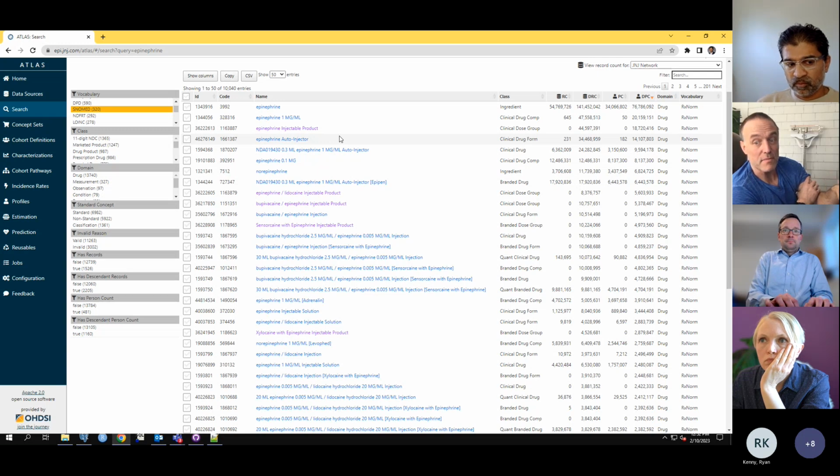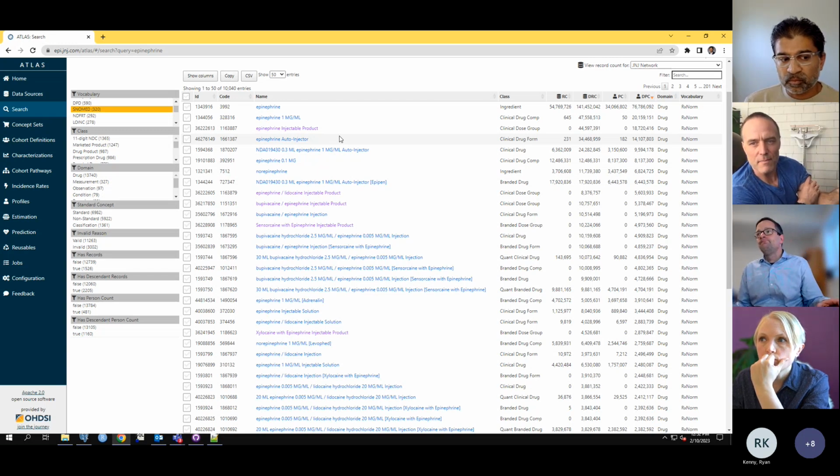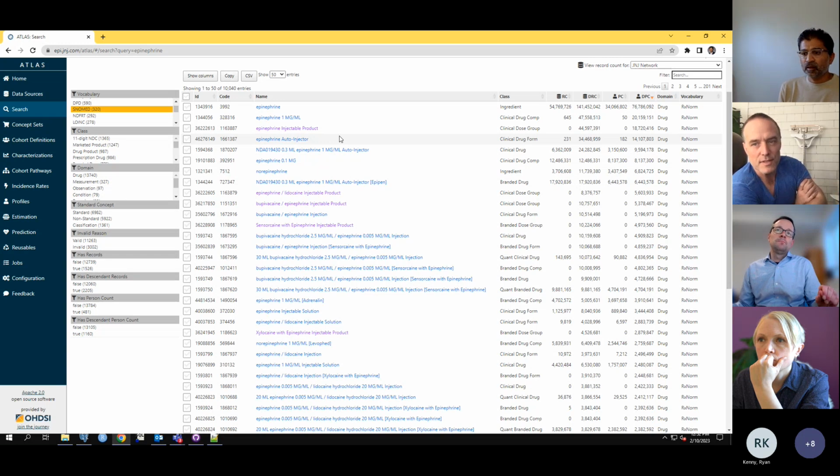I fully recognize that they may have had an arrest and maybe they got a different dose. Maybe they went on to an epi infusion, but I could live with that if they had an anaphylaxis code that precipitated the visit or is associated with the visit. Otherwise there's going to be a lot of engineering here in terms of trying to figure out which of these is appropriate. And I don't even know how well that is going to be captured in source data systems. Yeah.